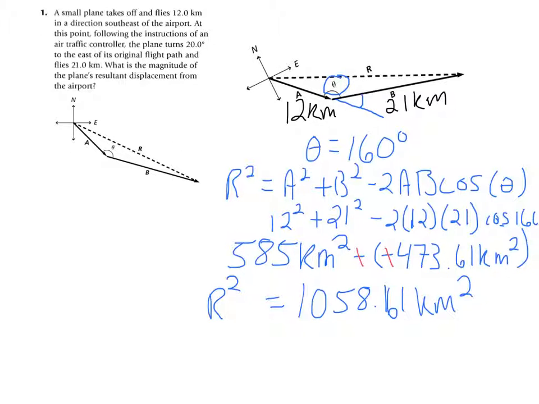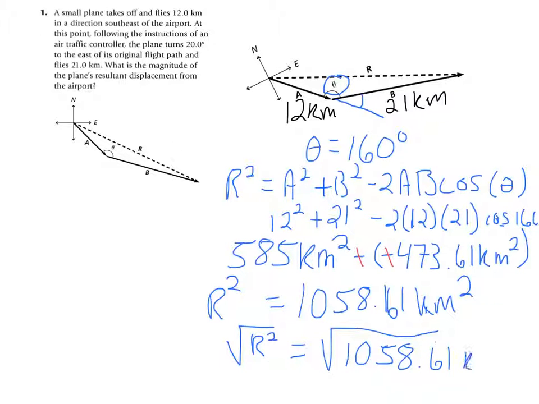Now, to get that finished off, we need to take the square root of both sides, and the square root of 1,058.61 kilometers squared.